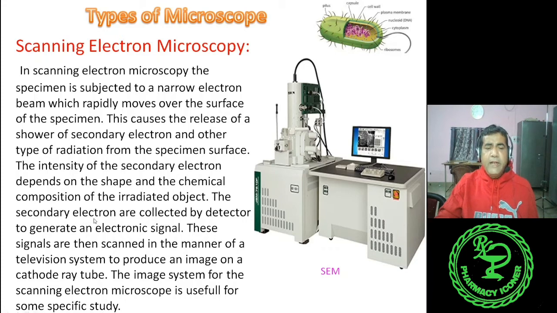The secondary electrons are collected by a detector to generate an electronic signal. These signals are scanned in the manner of a television system to produce an image on a cathode ray tube. This imaging system is useful for some specific studies.